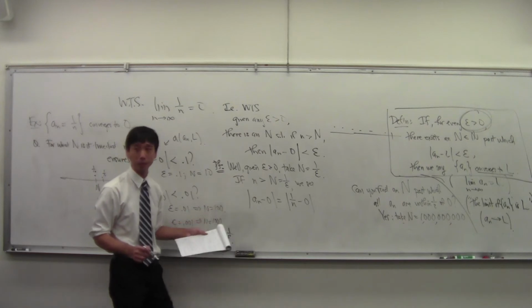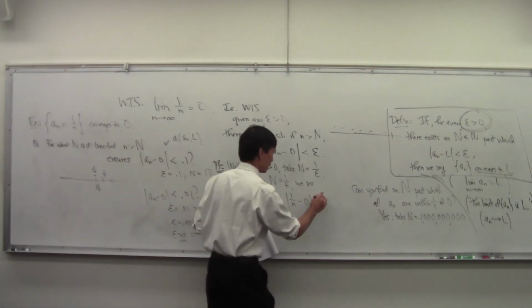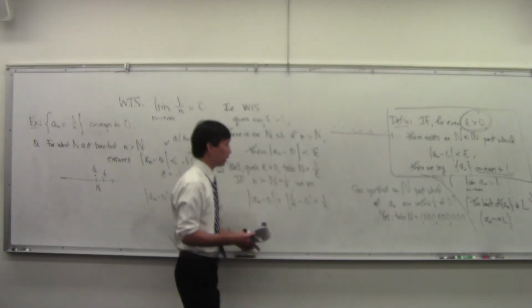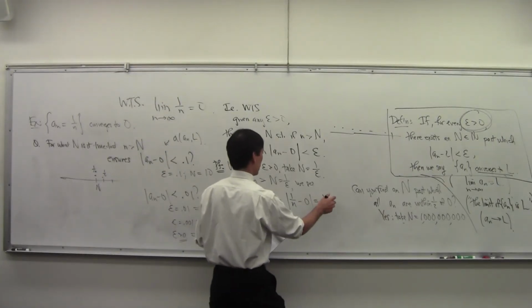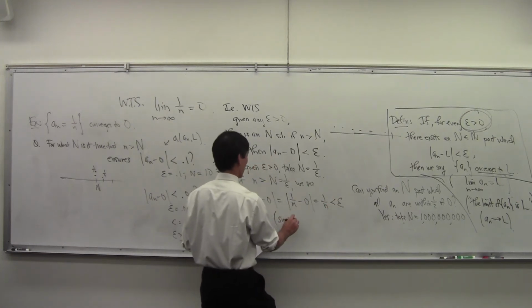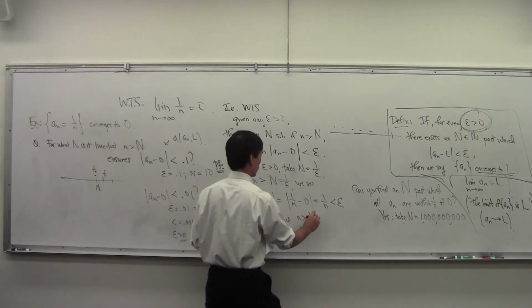A sub n is 1 over n, but that's the same thing as just 1 over n, because this is a positive number. 1 over n is less than epsilon, since n is bigger than 1 over epsilon.